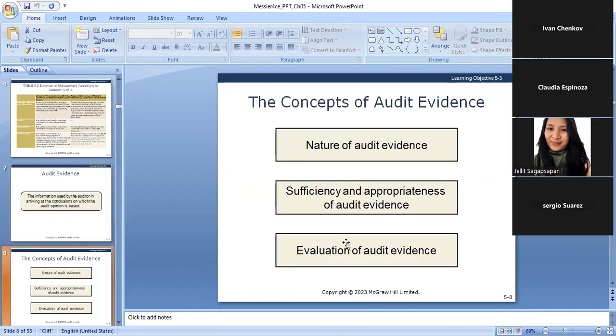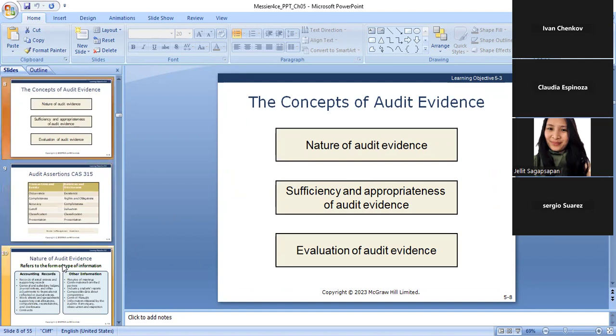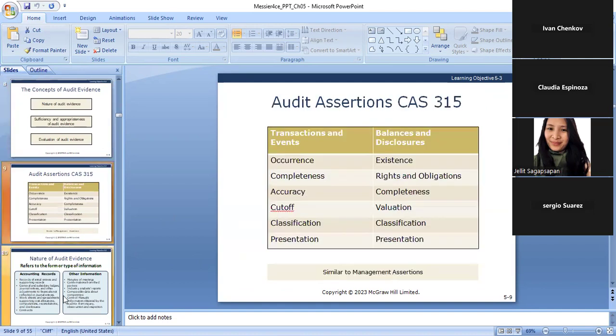What's the nature, sufficient, appropriate evaluation of the audit evidence, and we're going to see which are those. Again, we're chasing the level of assertions, which are communicated in the Canadian auditing standards 3.3.15. Those are not random, coming from somewhere.